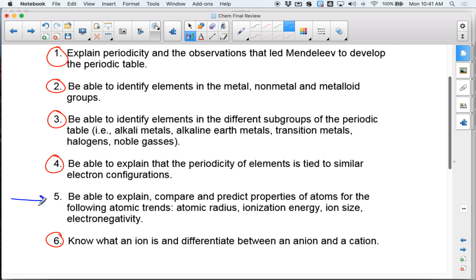Number 1 says explain periodicity and the observations that led Mendeleev to develop the periodic table. So really the basic thing here that you need to know is that the properties of elements repeat.